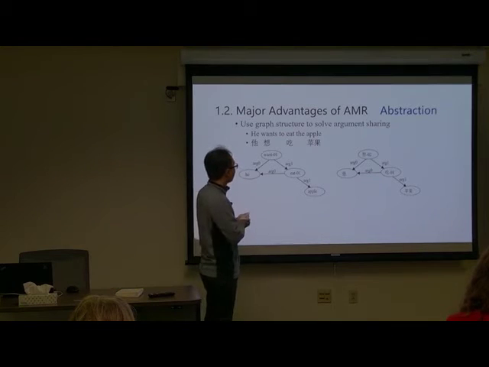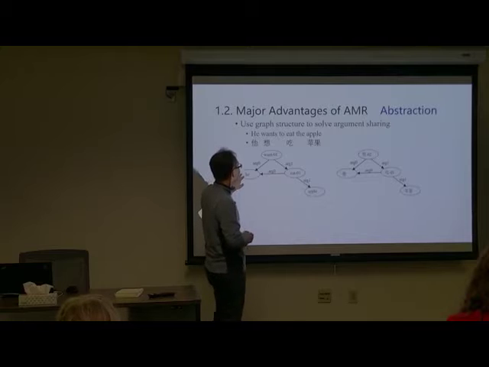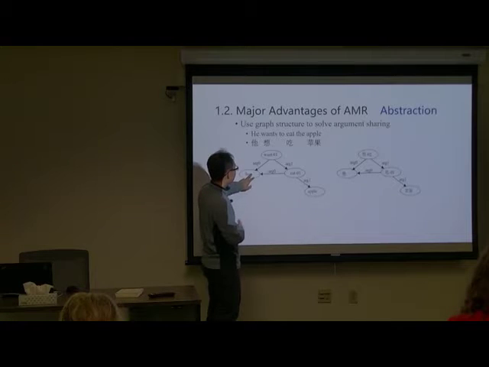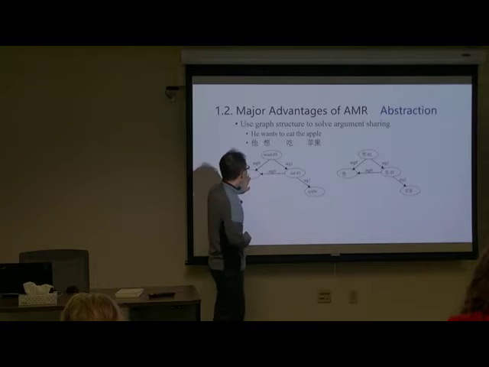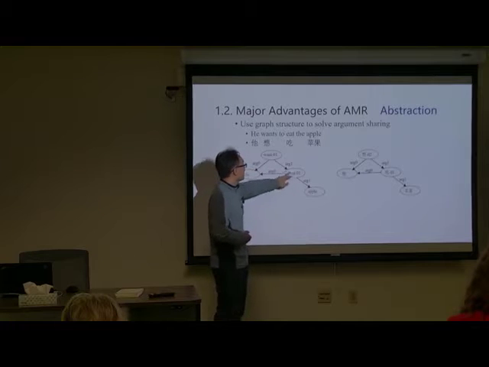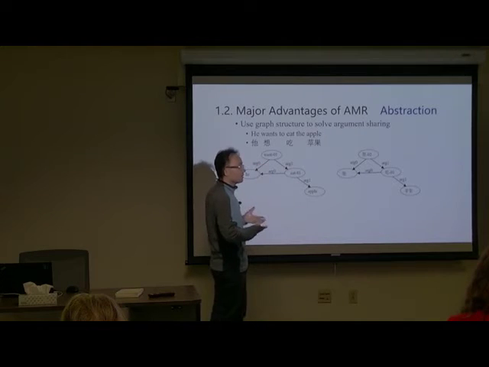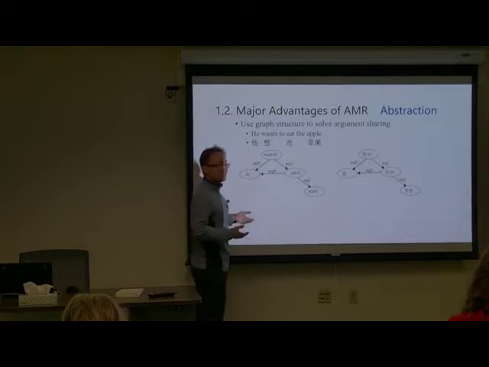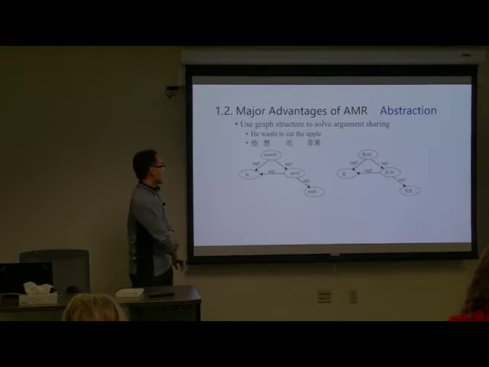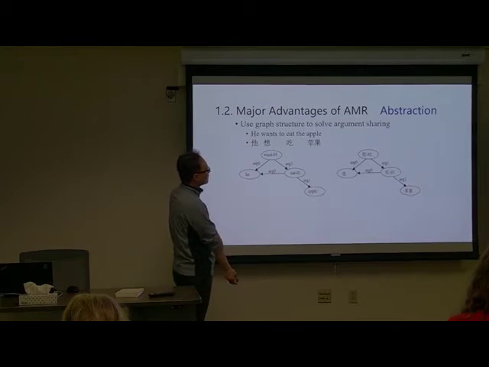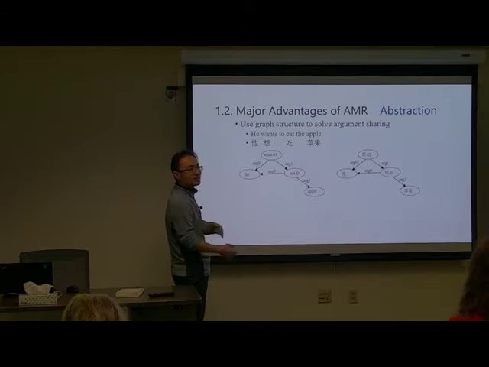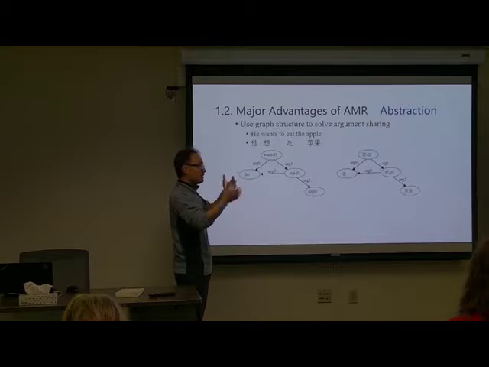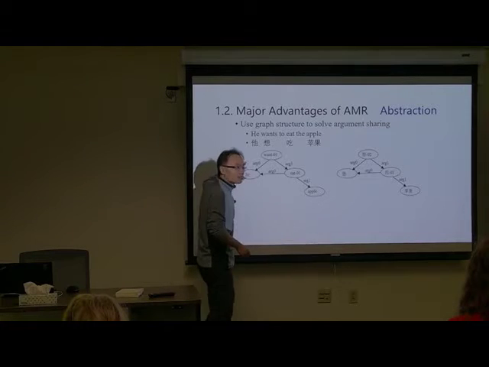They want to do more. For example, the example is here, he wants to eat apple. What's left? The S is gone, right? And the "to" is gone. So this is what they call abstraction. They just abstract the concrete concepts to the graph.